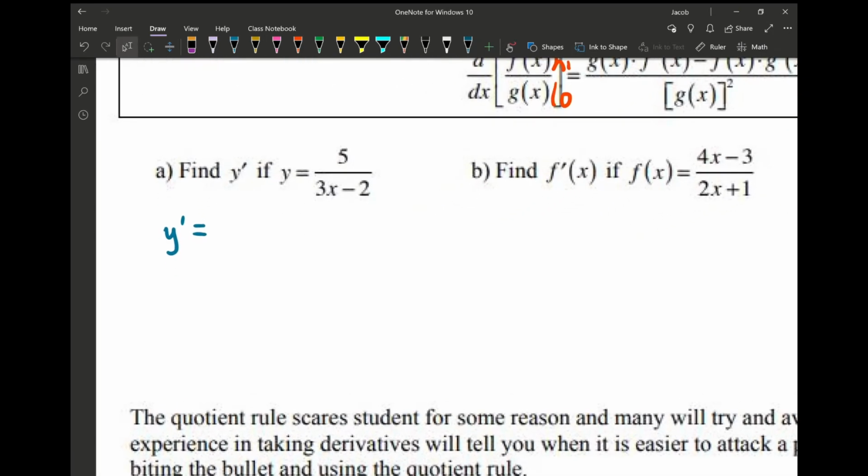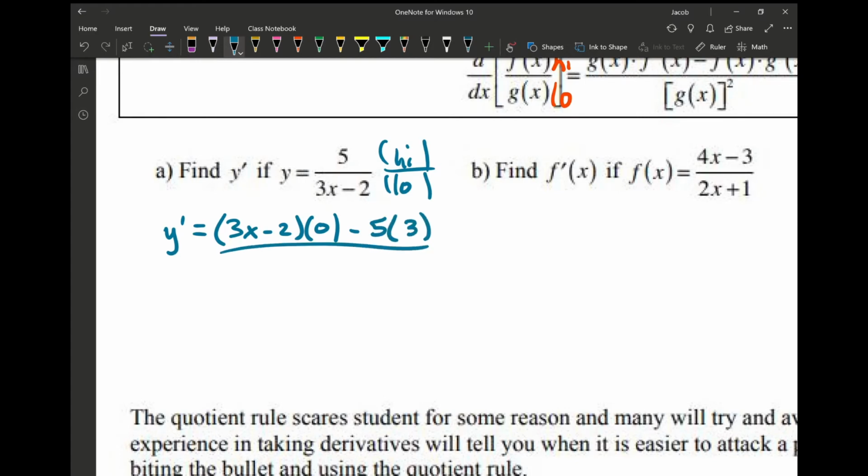So we've got high and low, and you can mark that if you like, just so you can remember to use it. You've got low derivative of high, which is 0, minus high derivative of low, which is 3, over low. So 3x minus 2 squared. Yay! Notice I used parentheses when I have a binomial in my division.